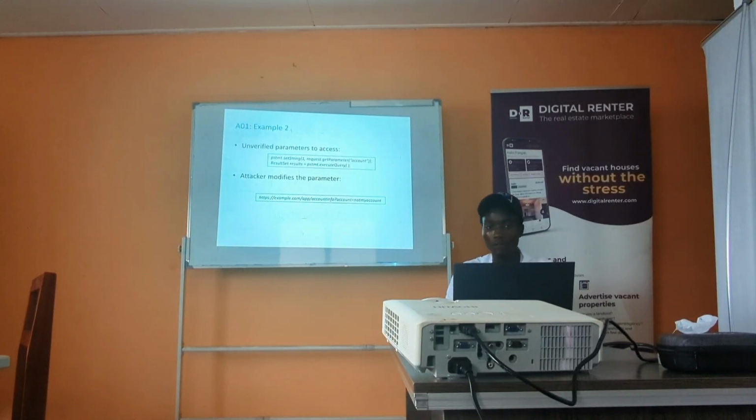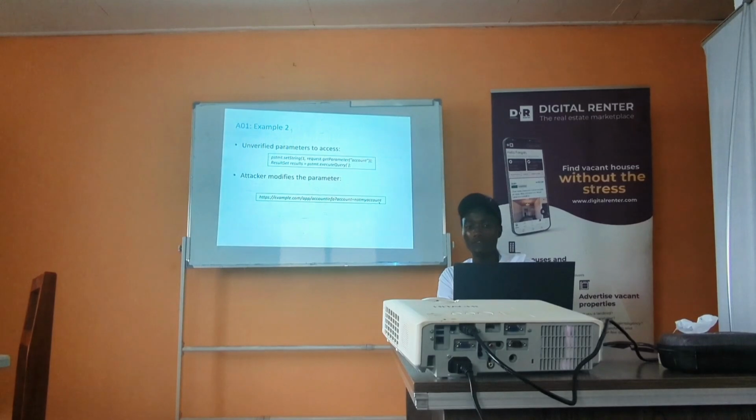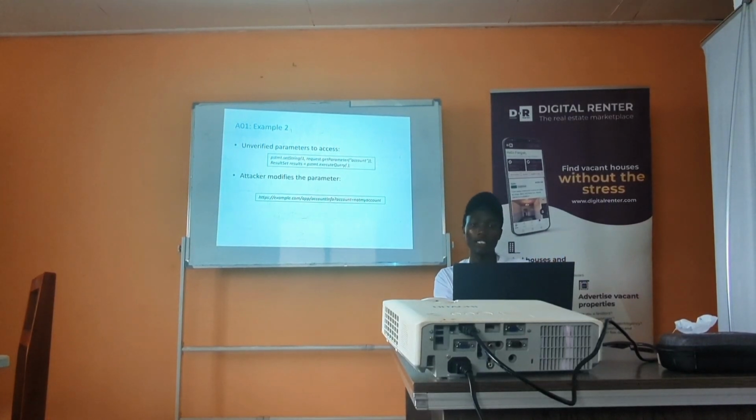So if you see example 2, unverified parameters, this is if you are coding or stuff like that. An attacker can modify the account parameter. It takes a value. So for my own account, the account parameter takes a value number 1 or takes my name Ramsey, and if I'm able to modify the name into Salome and access Salome's account, then that's broken access control.